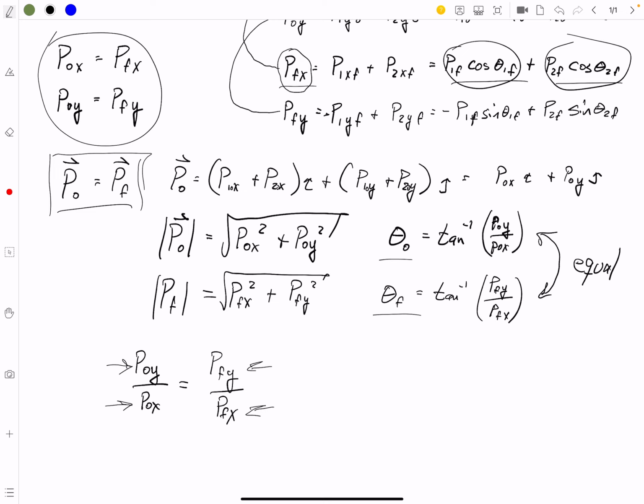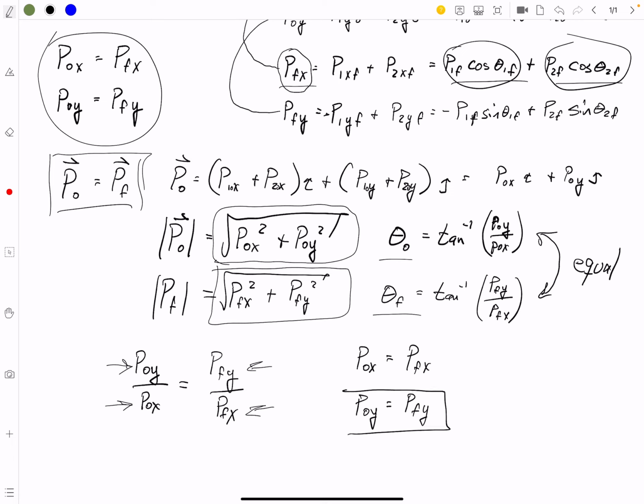But right here, for this to happen, they have to be the same. So our P naught x has to equal our P final x, and our P naught y has to equal our P final y.